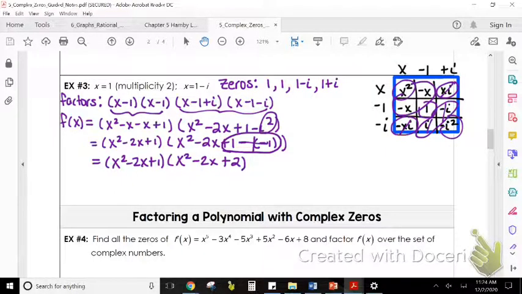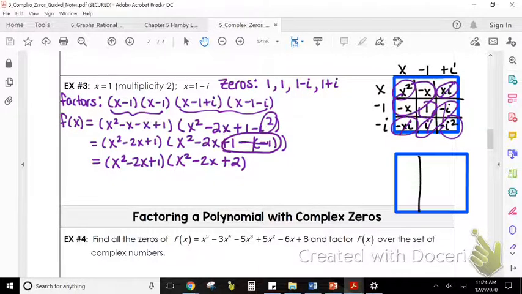And now we just need to multiply these two trinomials together, or 3 terms. And so we have x squared minus 2x plus 1 times x squared minus 2x plus 2.